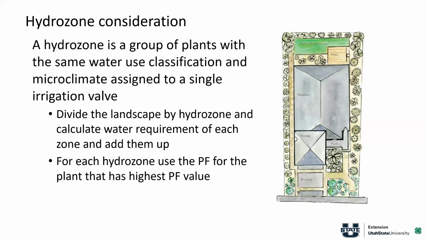So now we know how to calculate the area. We know what the plant factor is. We know the reference evapotranspiration, and that is all that is needed to calculate the plant water need or water budget.